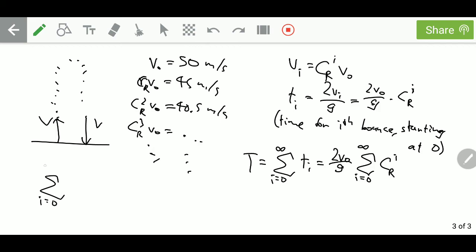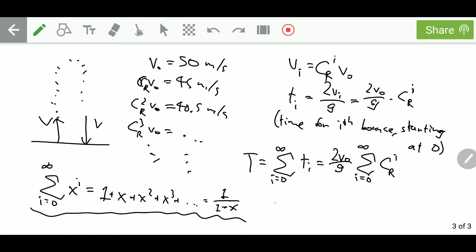So if you have 1 plus x plus x squared plus x cubed, and so on, that's 1 over 1 minus x. You can see that from the formula for a geometric series. Its first term is 1, and then 1 minus the common ratio is 1 minus x. And so this is something that you should know by heart.